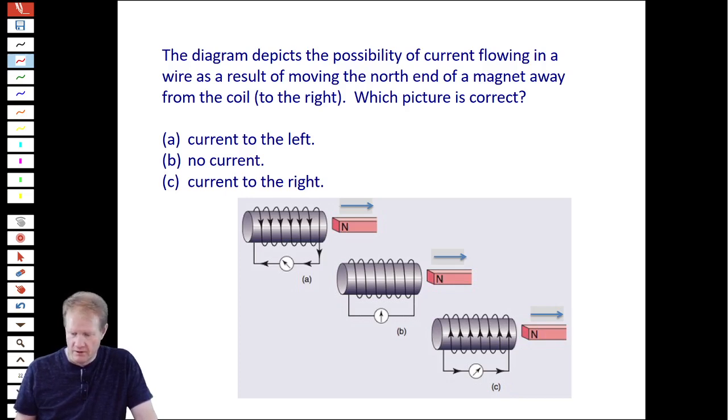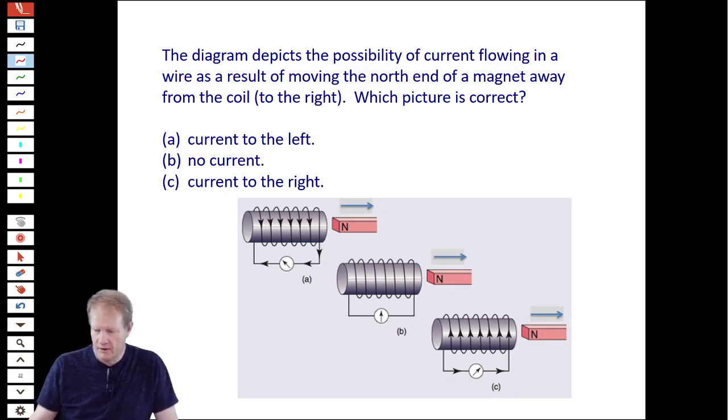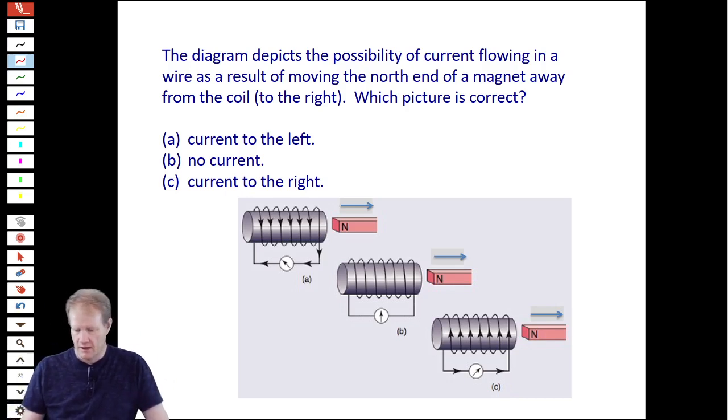So we are moving the north end away from the coil, and then we're looking here and deciding which picture is correct. There's some indications of direction of current, and the middle one has no current, and so you have to look at that and decide which one is the correct picture. And the answer is C.